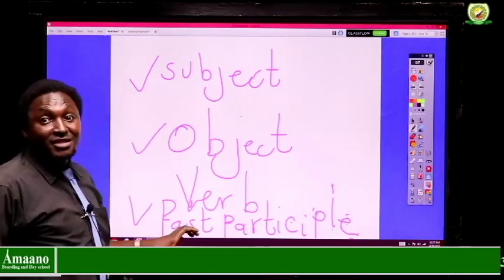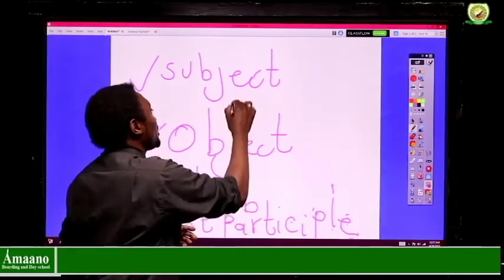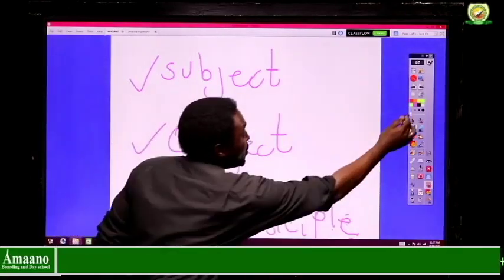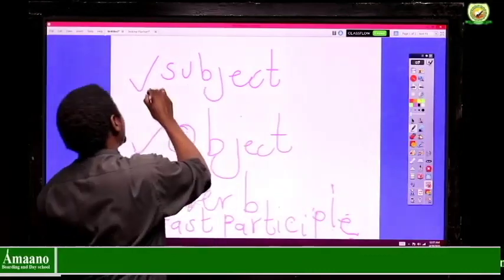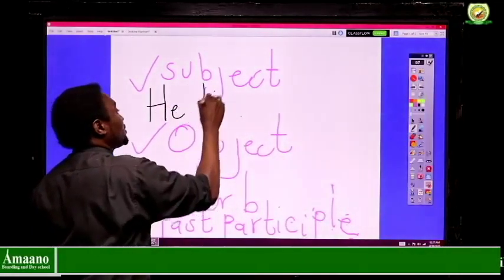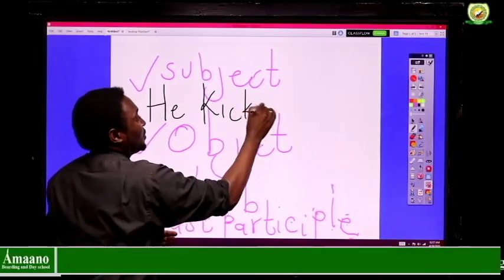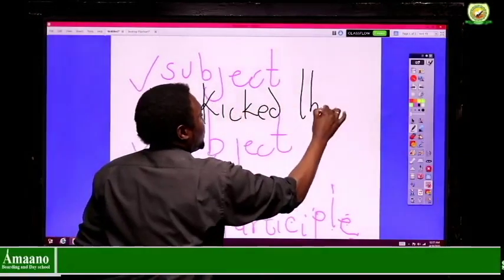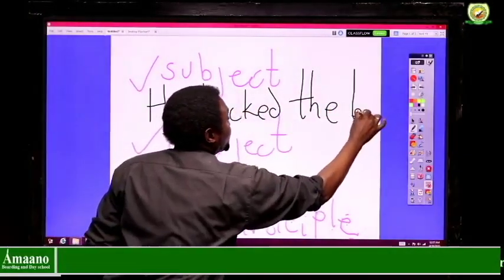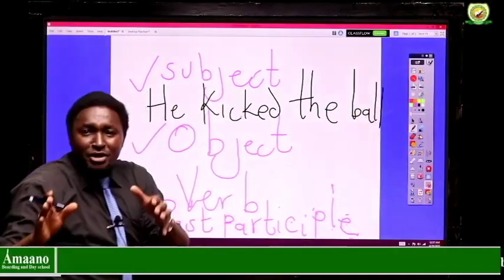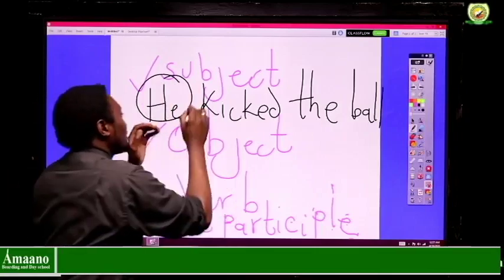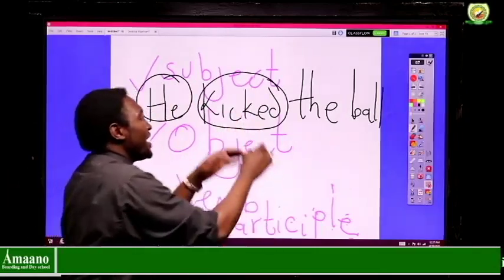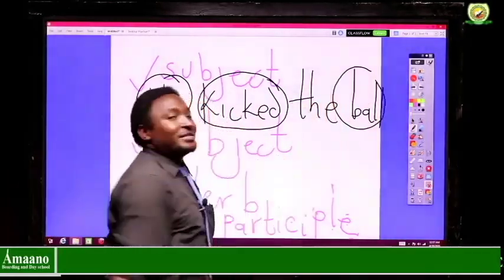The subject in a sentence, for example, he kicked the ball. He is the subject, kicked is the verb, and ball is the object.